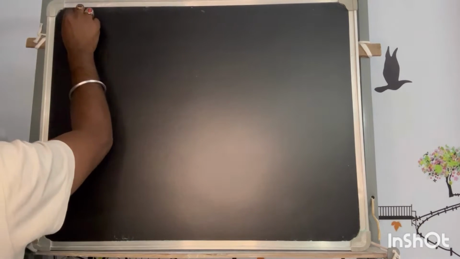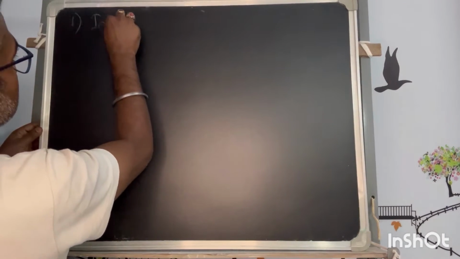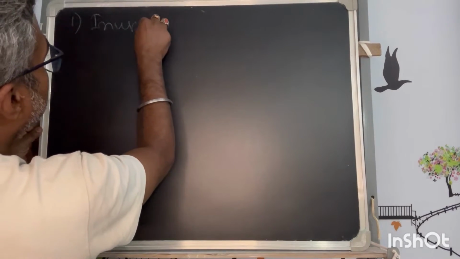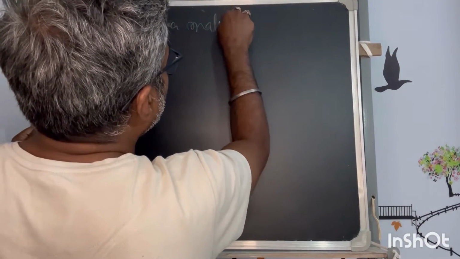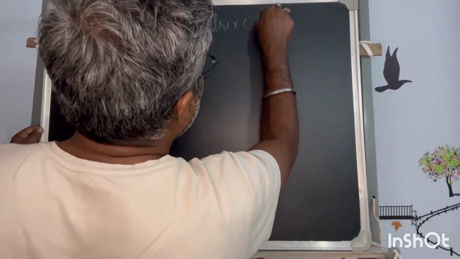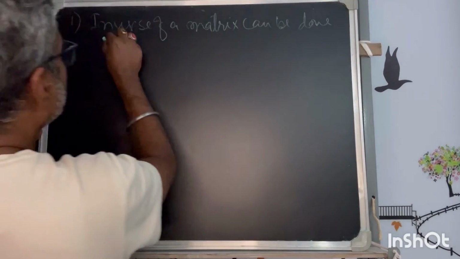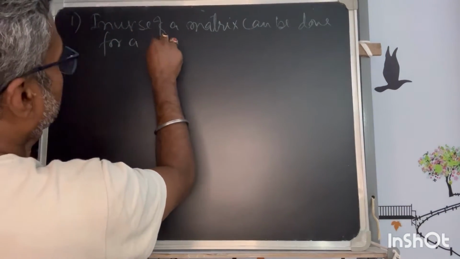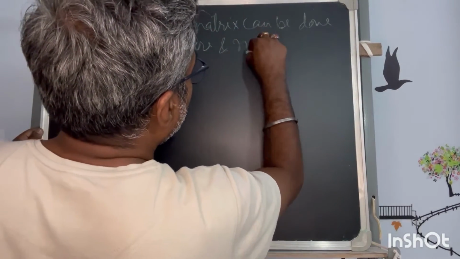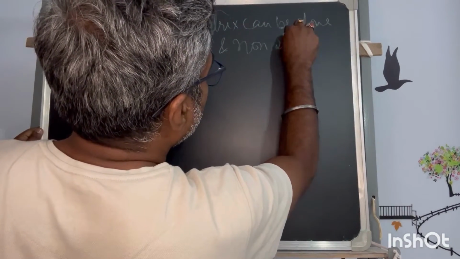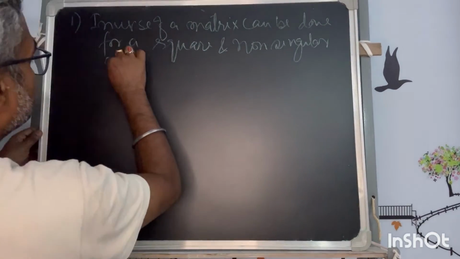A few things are that the inverse of a matrix can be done for a square and non-singular matrix only.